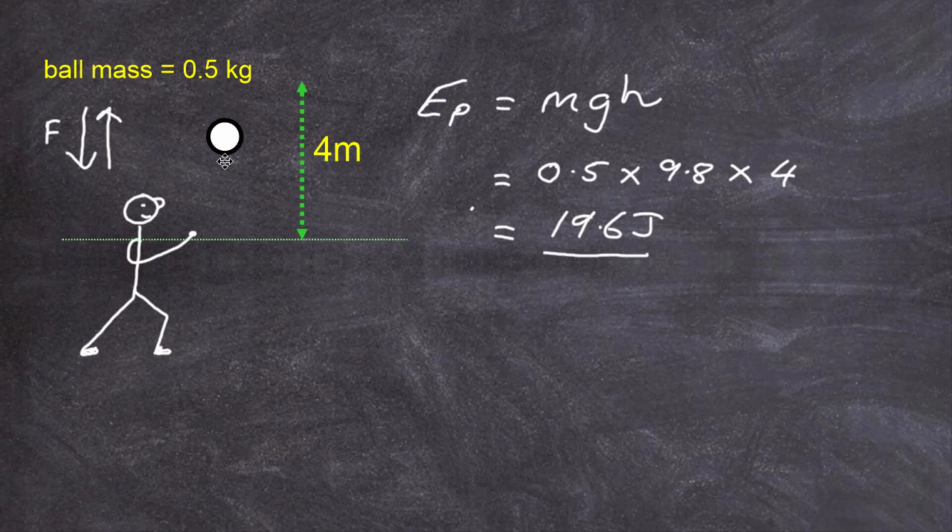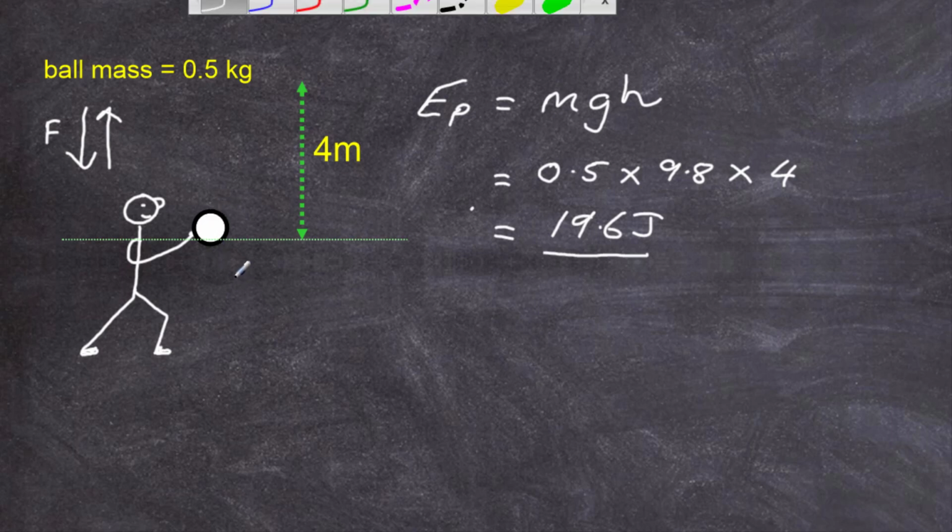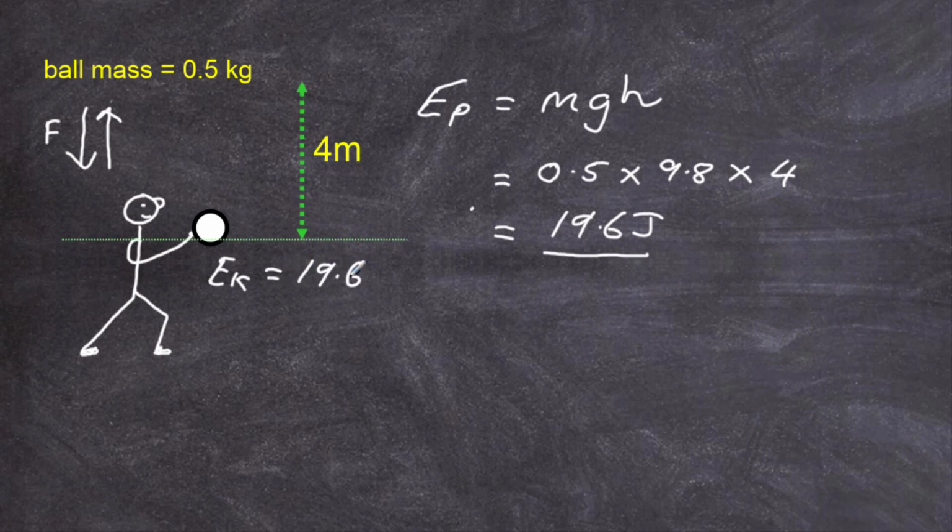And when the ball starts to fall back down again, when it gets back to the person's hand, all that gravitational potential energy has been changed into kinetic energy. So just before it hits the person's hand, we can confidently say, unless it loses any energy, but we pretend it doesn't, the kinetic energy will be exactly the same as the potential energy at the top, 19.6 joules.